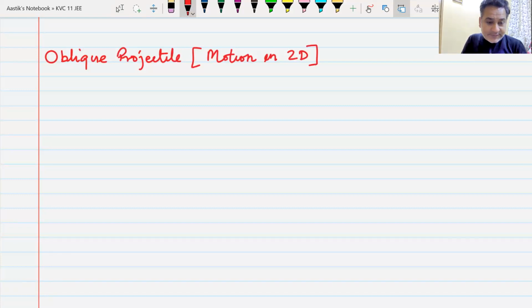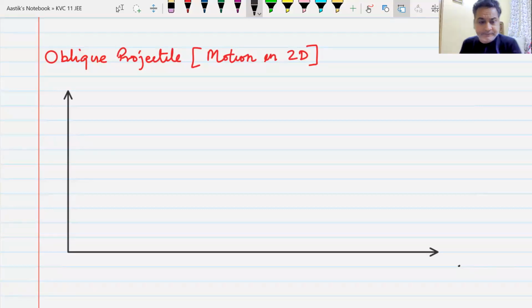How will the motion happen in a plane? What will I do for this motion to happen in a plane, my dear friends? You have done this right now, so you can tell me how this motion is going to happen. What is going to happen now?